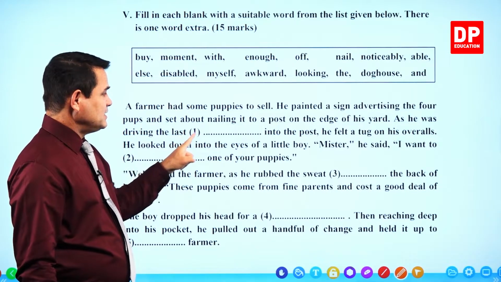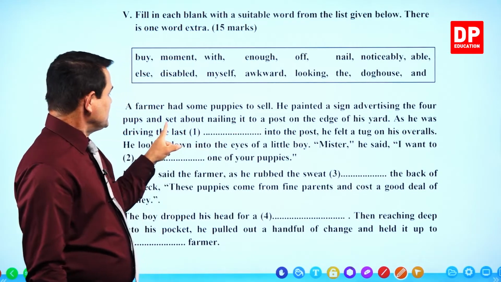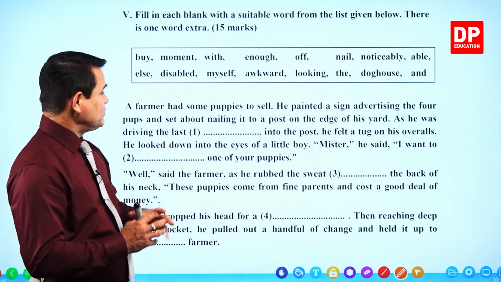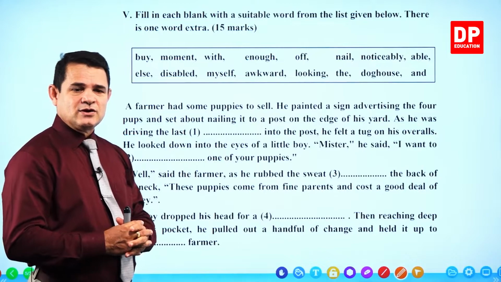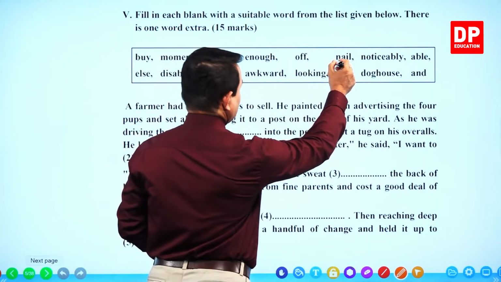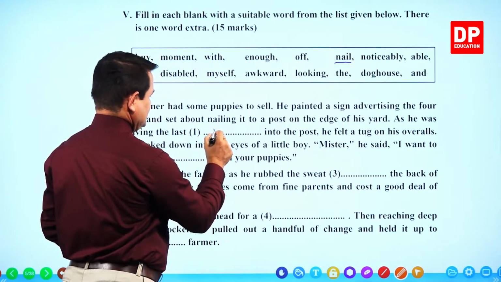Driving the last, දැන් මෙතන කියවනේ set about a nailing. nail කියන්නේ ඇන. Then what can be the first answer? Now nail. nail.